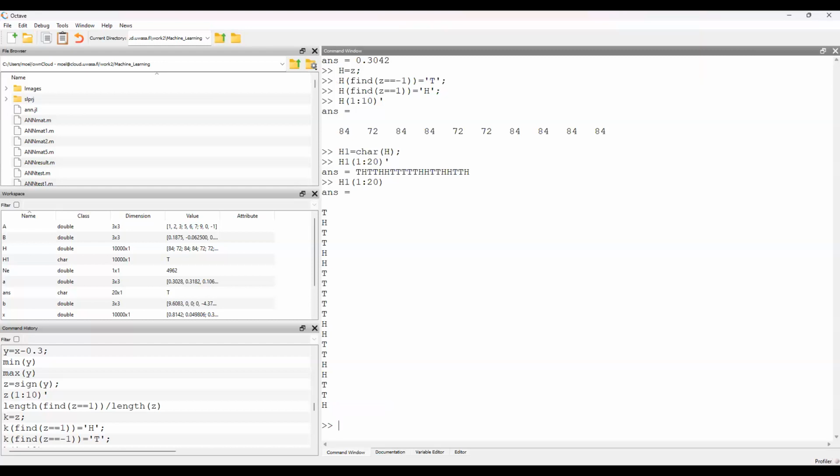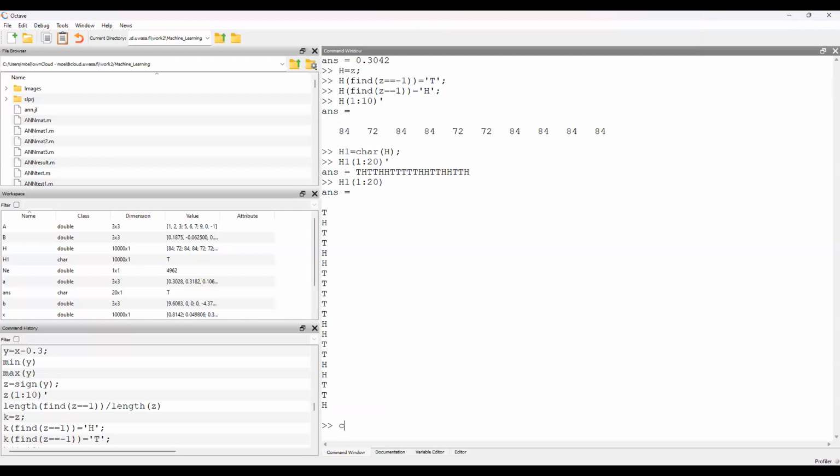Now, if I throw 3 coins, not 1 coin, and the probability of each coin is different from the other, I will make it a little bit more complicated now. Let me start from the beginning.